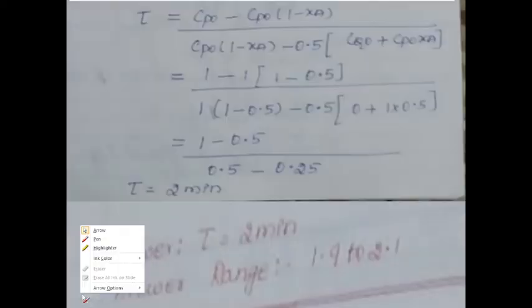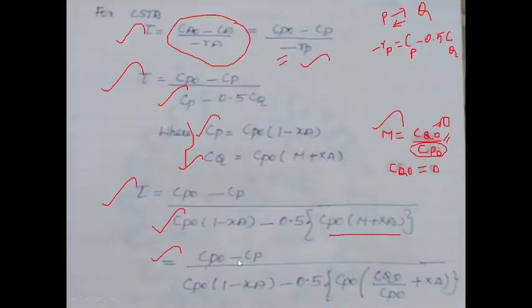Then rearrange this expression. Tau is equal to the numerator part, Cp naught minus Cp, which means Cp naught into 1 minus Xa. In the numerator, Cp naught minus Cp, where Cp is Cp naught into 1 minus Xa. So this is the numerator term. The denominator is Cp naught into 1 minus Xa minus 0.5 into Cq naught plus Cp naught into Xa.